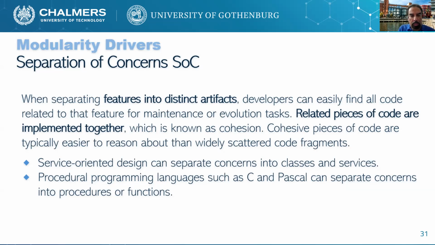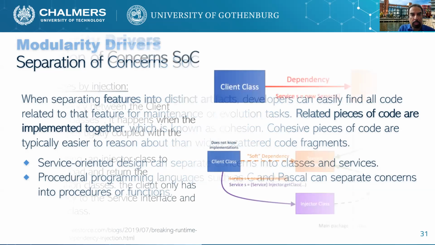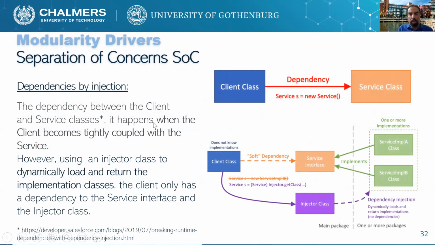Okay, the issue of separation of concerns can be implemented through procedures. We call it injection. If you notice here, there is a relation between a client class and a service class. And this relationship is called dependency. This is a concern because these two modules are not decoupled and they are interconnected. We want to reduce this to something called soft dependency, which is not an issue when we deal with coupling.